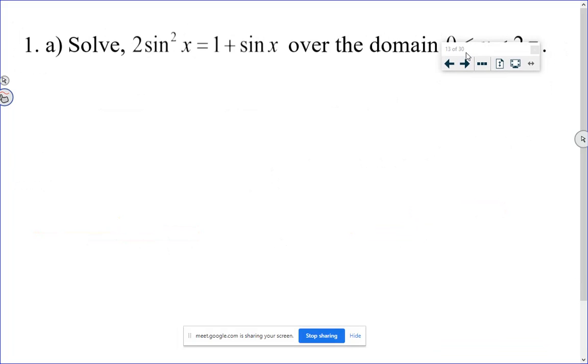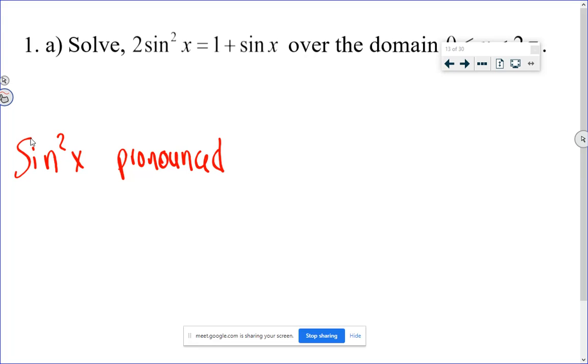So, solve 2 sine squared of x. So that's how that's pronounced. I'm going to erase this, but I just want to make sure that you see what I'm saying. Is there two N's in pronounced?